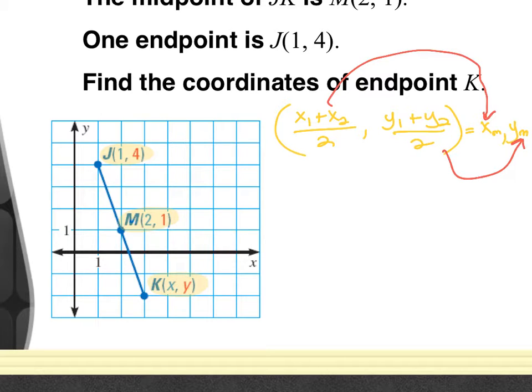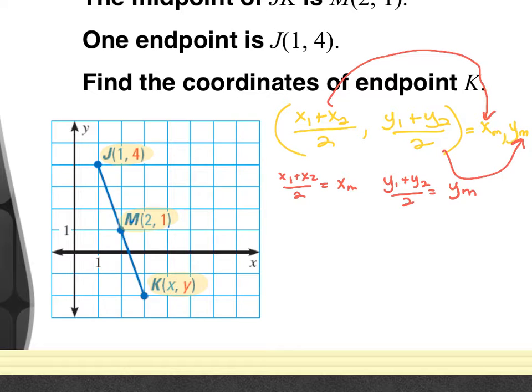So if I add the 2 x's divided by 2, I get the midpoint of the x, right? If I add the 2 y's divided by 2, I get the midpoint of the y. Yes? So I'm going to actually split those up. I'm going to say that x1 plus x2 over 2 equals the x coordinate of my midpoint. y1 plus y2 over 2 equals the y coordinate of my midpoint.